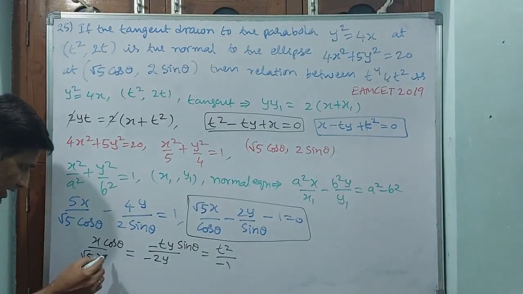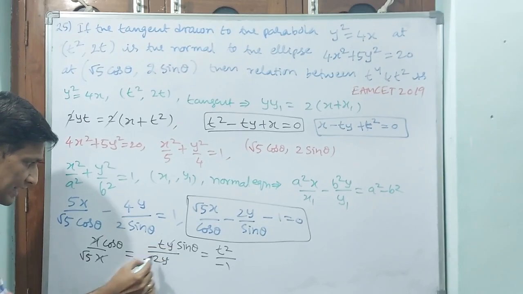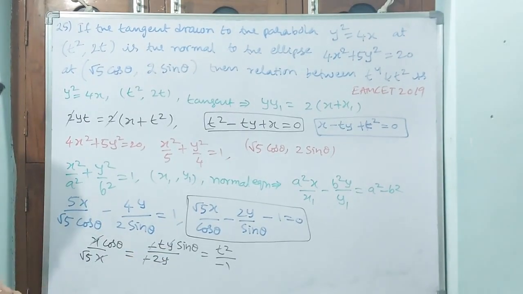Observe carefully here. x is going to get cancelled out, y is going to get cancelled out, minus is going to get cancelled out. If that is the case, then what will happen?